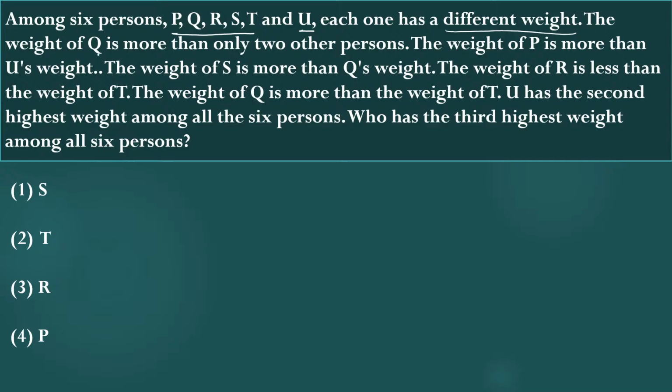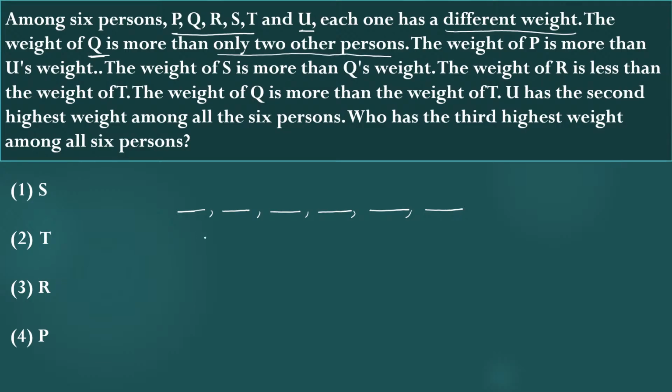The weight of Q is more than only 2 other persons. So they gave 6 different persons, which I am writing like this: 1, 2, 3, 4, 5 and 6.